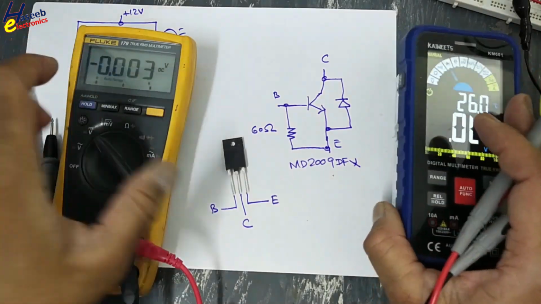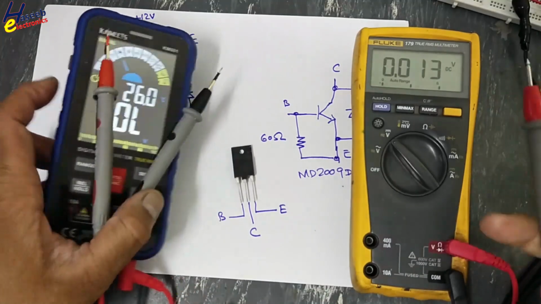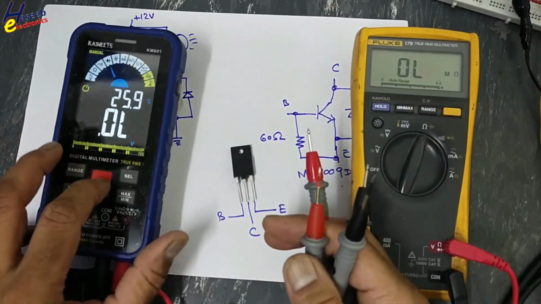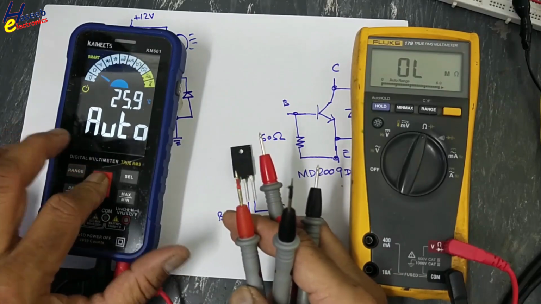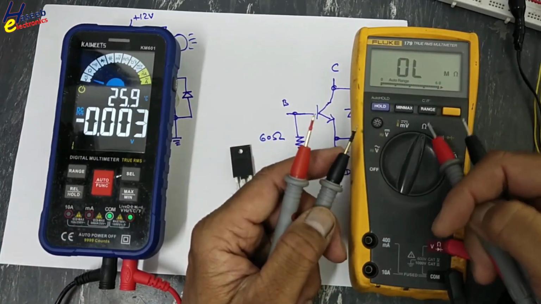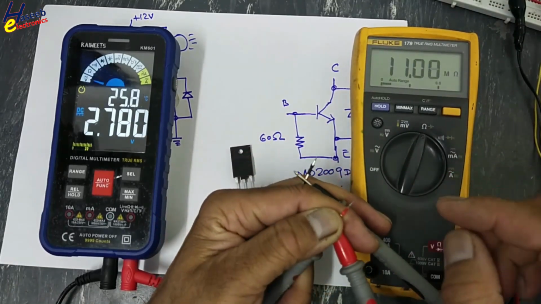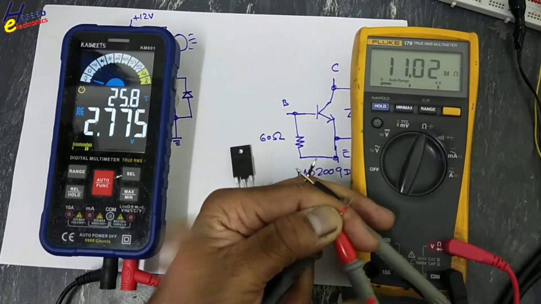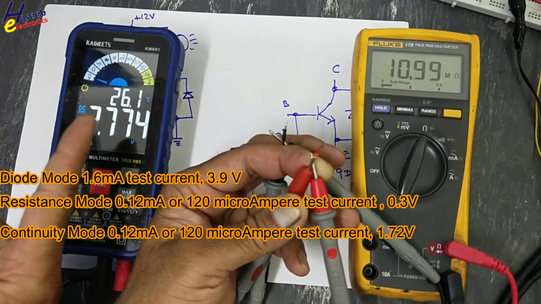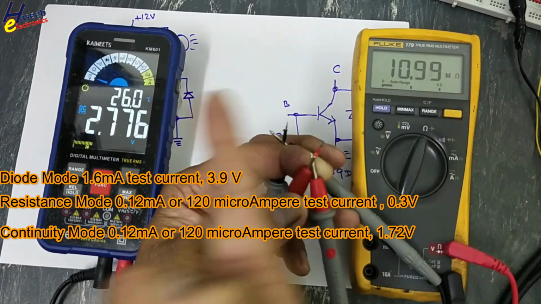Let's see this multimeter. When we are in resistance mode, this multimeter is providing 2.7 volts. The other multimeter was using just 0.3 volt, but this multimeter is using 2.7 volt.